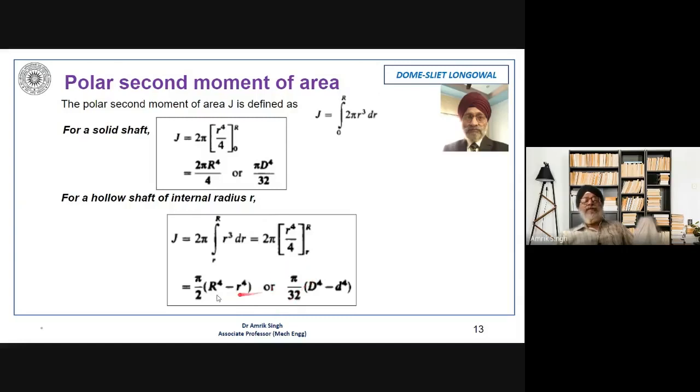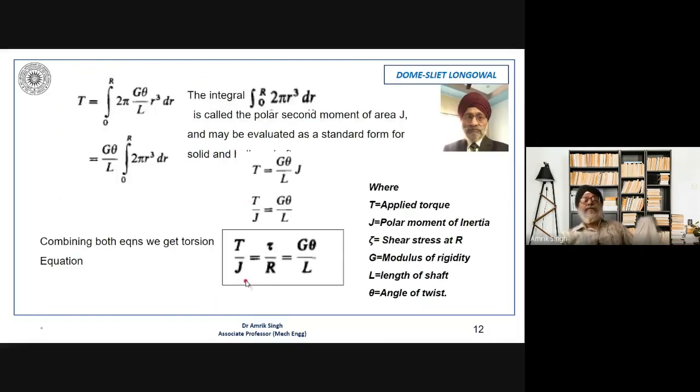So pi d, if you put capital R is equal to D by 2 and small r is equal to small d by 2, you will get this as the polar moment of inertia for the hollow shaft. So I think these things are clear to you. And if you put in this equation the value of J for the hollow shaft, this will be the equation which will be valid for the hollow shaft. Okay, we can derive it also.